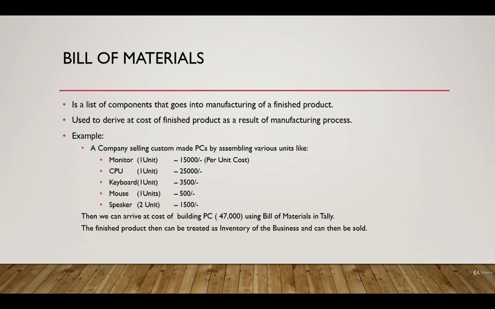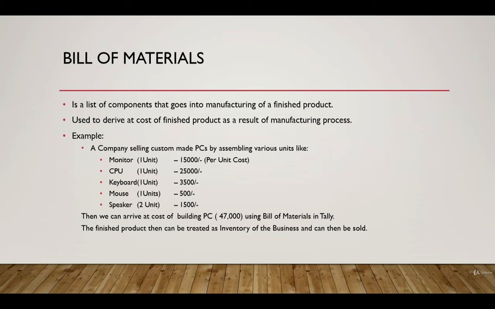This bill of material contains a list of items that go into the making of a PC, and it states that a PC is made up of 1 unit of monitor, CPU, keyboard, a mouse and 2 units of speaker, and the rate of each unit is also present in this bill of material.